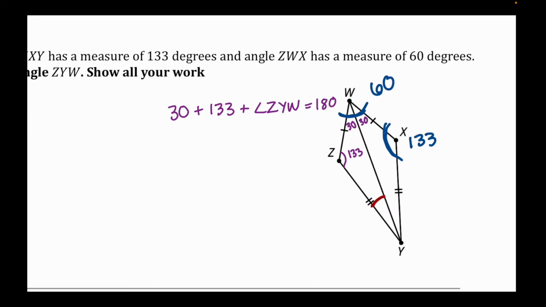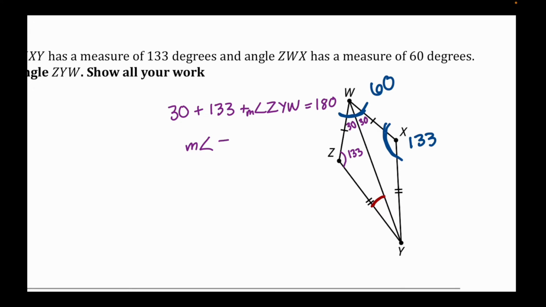I'm going to subtract both of those things here. And if we subtract 133 and 30 from 180, that would mean that the measure of angle, sorry, that's slightly incorrect. I didn't put the measure there. When we're referring to an angle's specific degree measurement, we're technically supposed to put an M in front of our angle symbol.